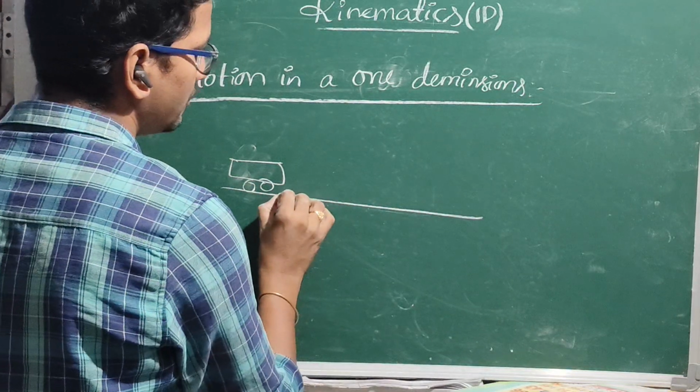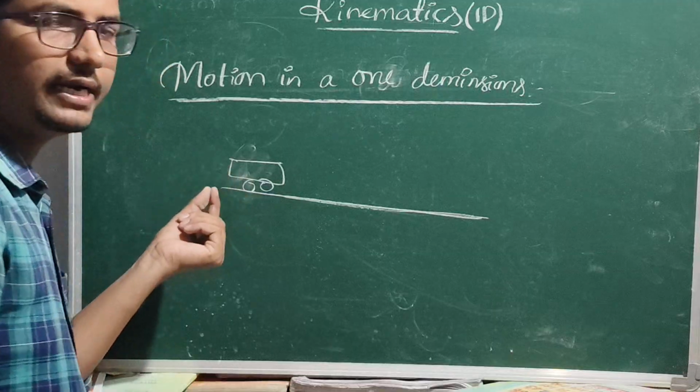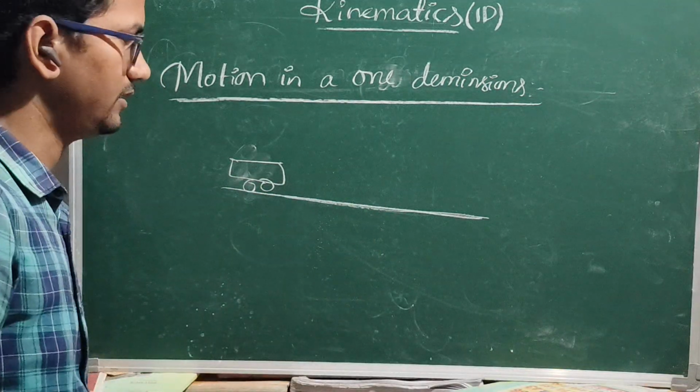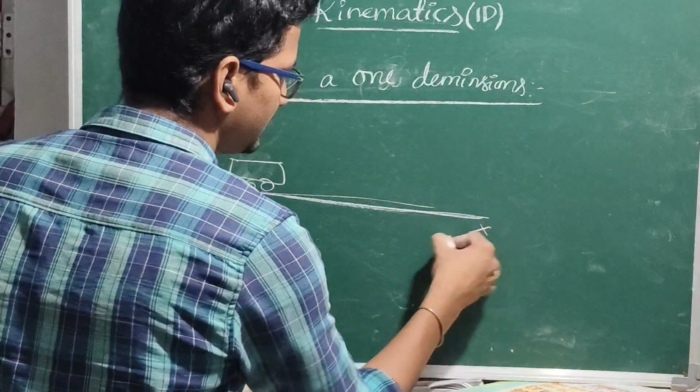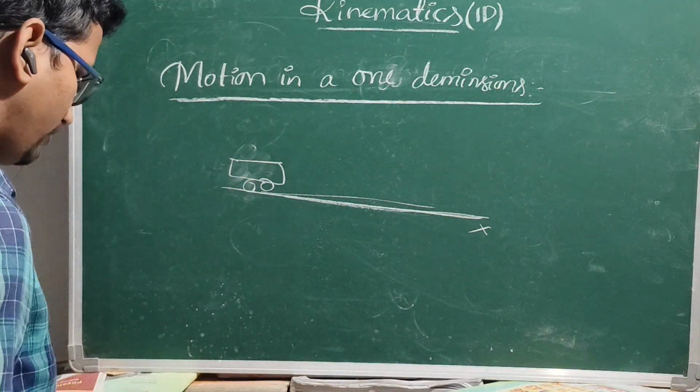The vehicle is moving along the road, yes or no? The motion of the particle is in one direction only, along, for example, the x-axis. That is called one dimension.